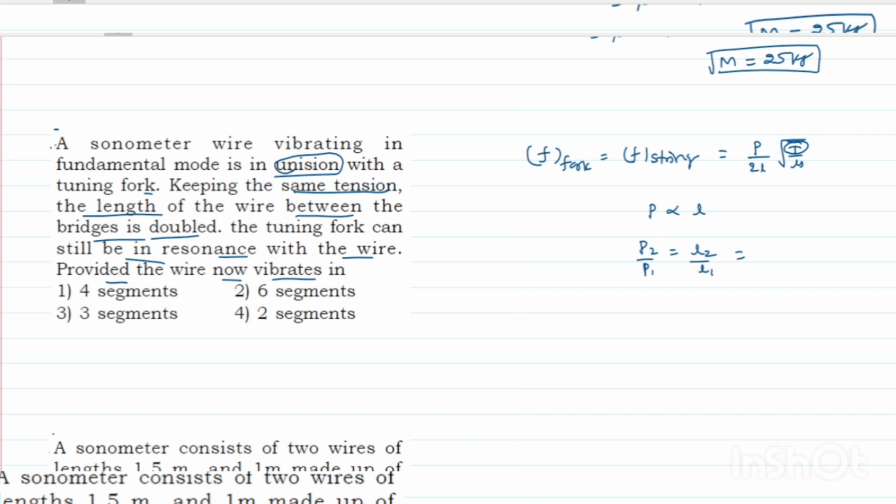Here, by keeping the same tension, the length of the wire between the bridges is given as double. That means 2l by l, so l gets cancelled. Here we will be getting p2 equals twice of p1. That means here it is going to be producing 2 segments.